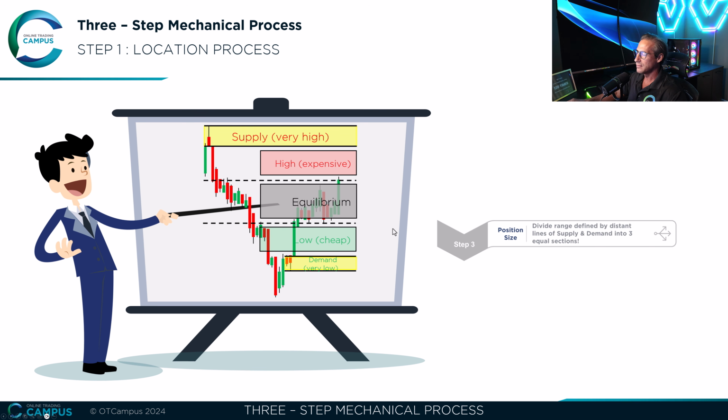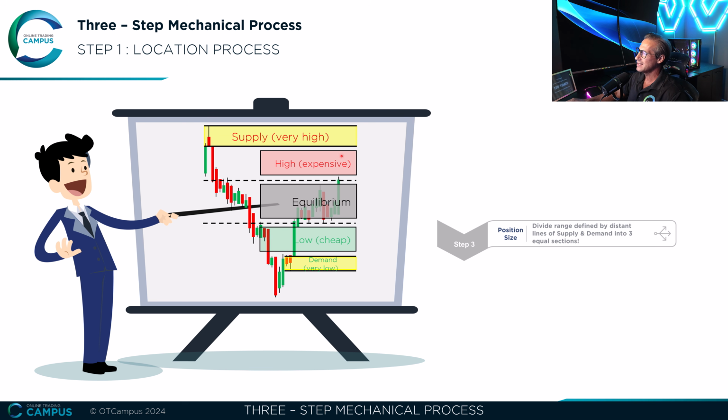Now I hope it's a little bit clearer than just verbally explaining it. You divide the range from distal to distal. Let me get the laser pointer. From the lowest distal to the highest distal. No worries, we'll go into a chart as well. And then you split it into 3 equal parts.